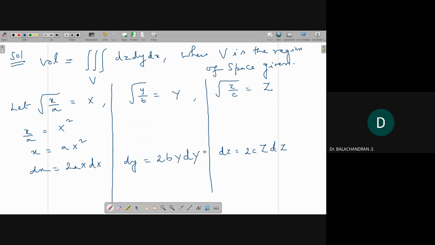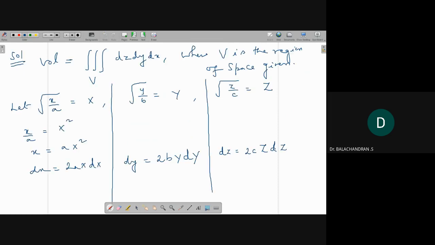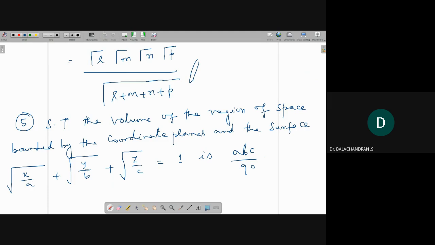Now your volume is equal to the triple integral over, originally it is V, now I will put V dash. The given region of space means x greater than or equal to 0, y greater than or equal to 0, z greater than or equal to 0, and root of x by a plus root of y by b plus root of z by c less than or equal to 1.